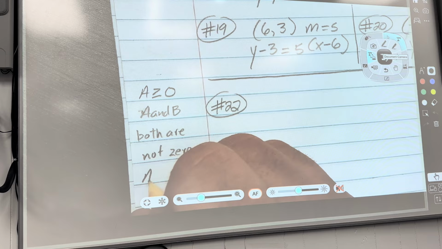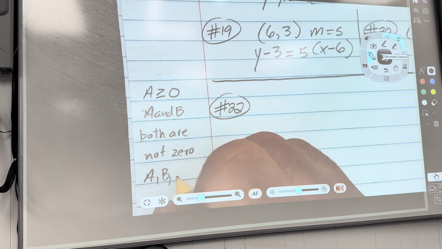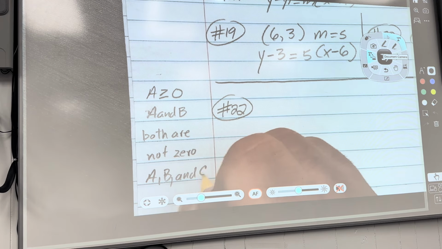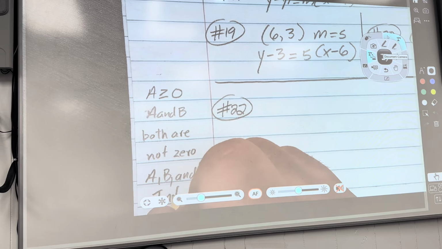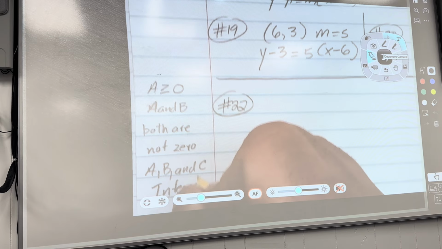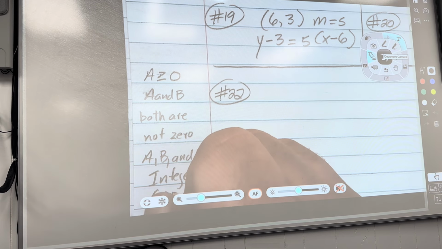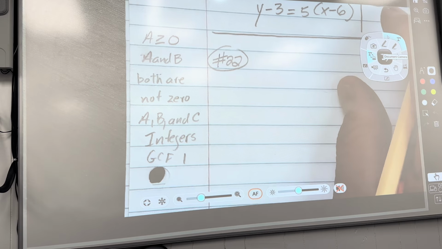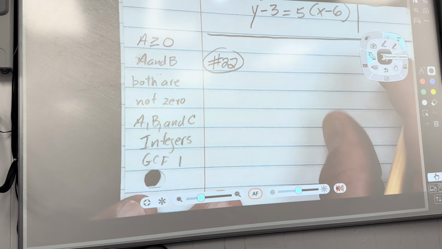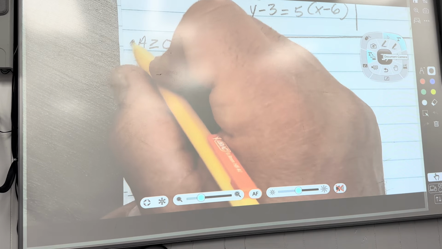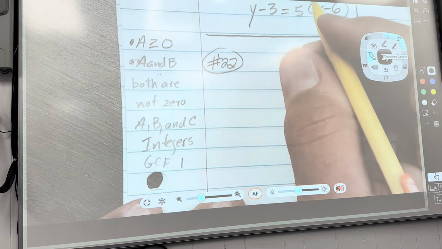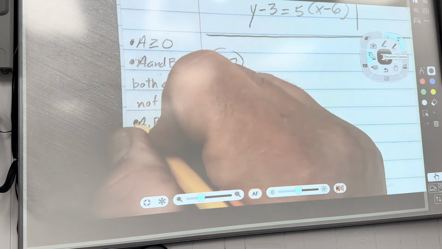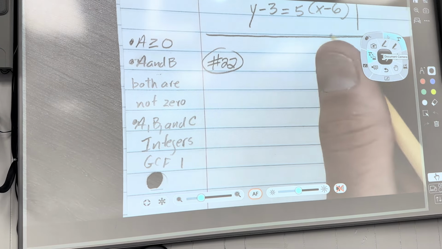A, B, and C are what? Integers with the greatest common factor of 1. Okay? So remember those few little rules. A has to be greater than or equal to 0. A and B both can't be 0. A, B, and C all got to be integers with the greatest common factor of 1.